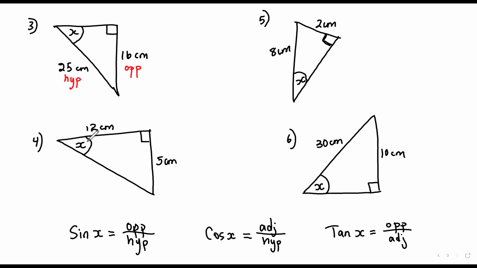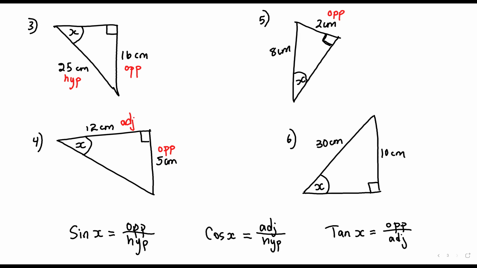In number 4, the side opposite my given angle here is 5, so that's the opposite side. And then the other side, the adjacent side will be this one since it's adjacent to the angle of reference. In number 5, my opposite side is 2 centimeters because it's opposite the angle of reference.